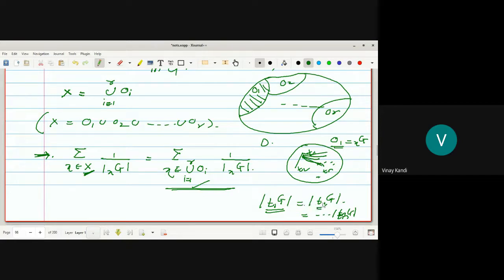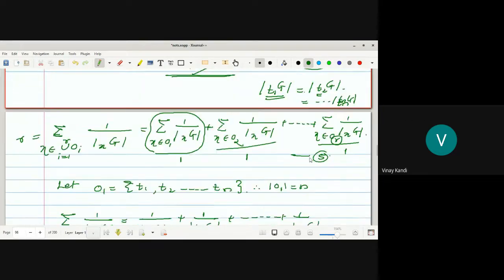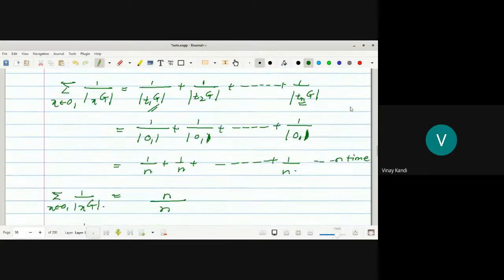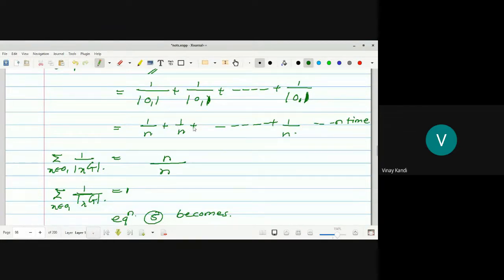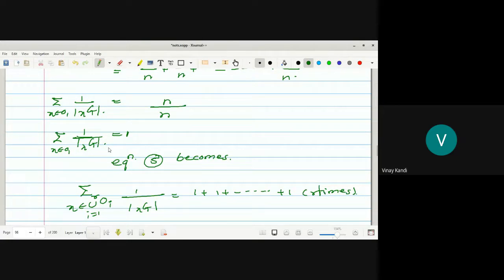Similarly, order of T2g is the number of elements related to T2, which is T1, T3, T4, T5 up to Tn. So order of T1g is equal to order of T2g is equal to order of Tng, and so on. So 1 upon n, 1 upon n, up to n times, we get n upon n, which is equal to 1.